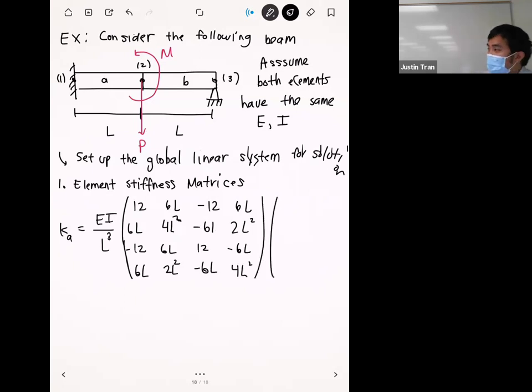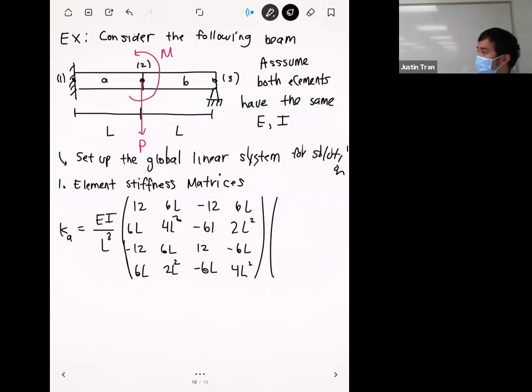All right. And so the element stiffness matrix in this case is not that interesting because it's basically the exact formula that we had before. We can't even plug in numbers. But what's going to be important here is to correctly specify what degrees of freedom this element is working on. Since this is element A, we can see that element A is working on nodes 1 and 2.